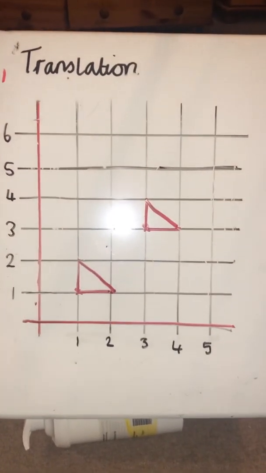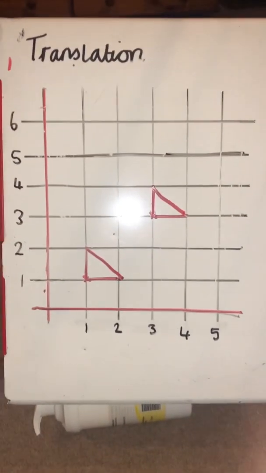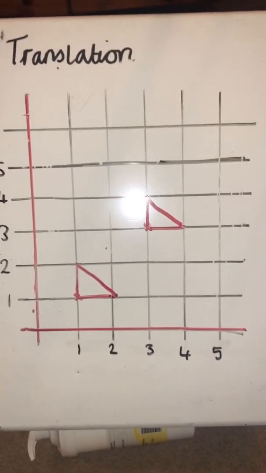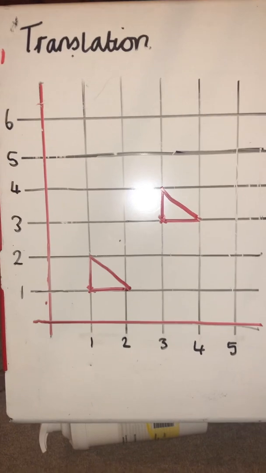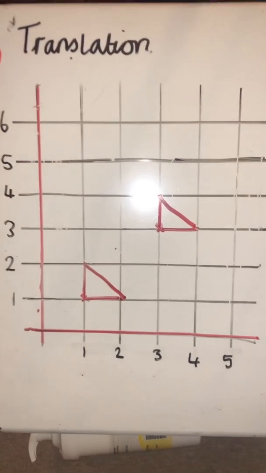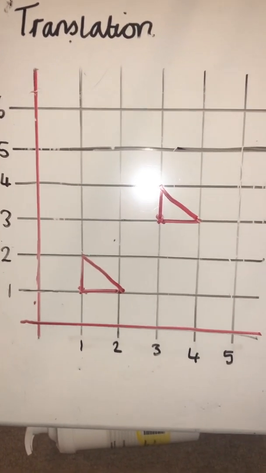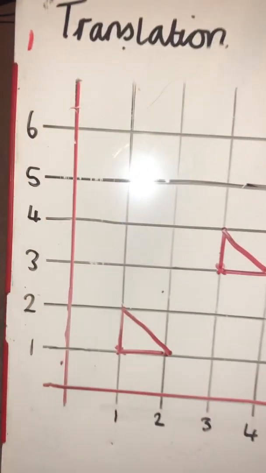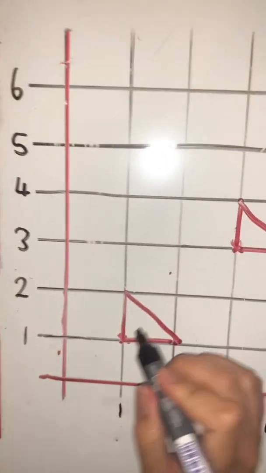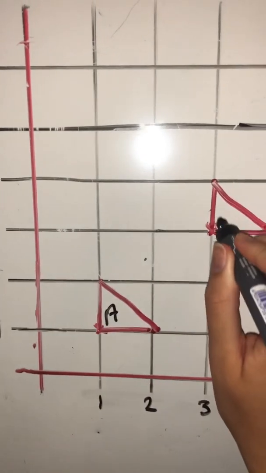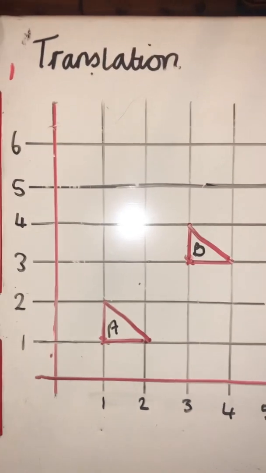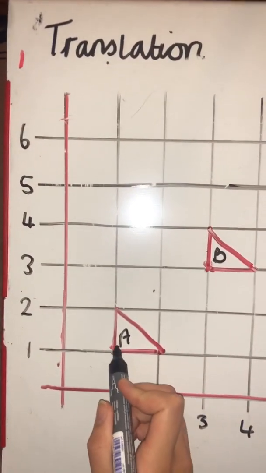Okay, so to make things a bit easier so that I can draw on the board, I have drawn this up. It's the same question that you just saw on the PowerPoint on my computer, but I've drawn it up onto a whiteboard so that I can draw on it. So the way I would describe this translation, describing how shape A, I've labelled them, will move to shape B, is you choose one corner of your shape.